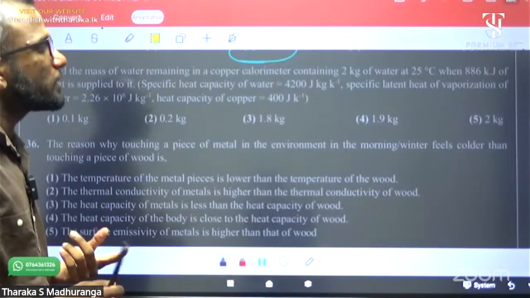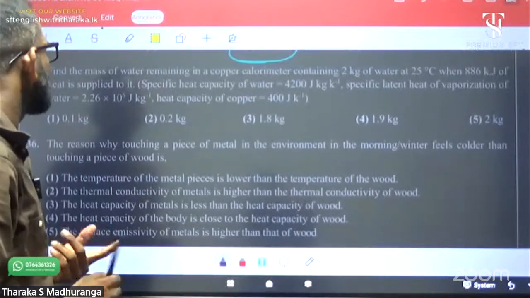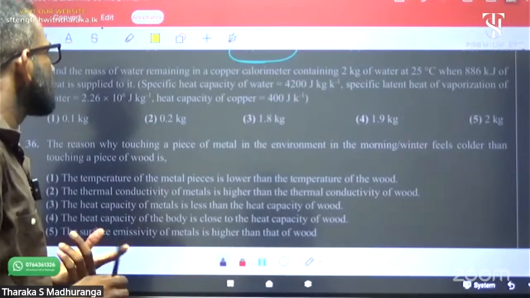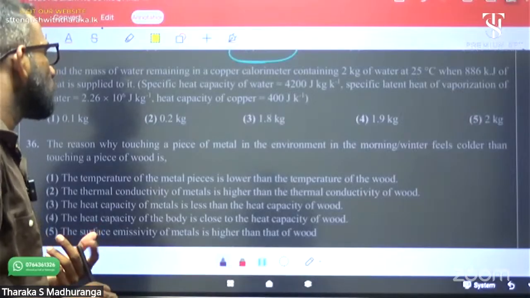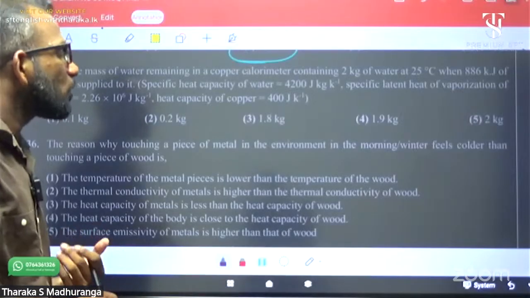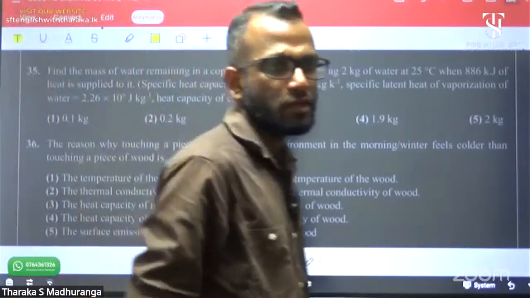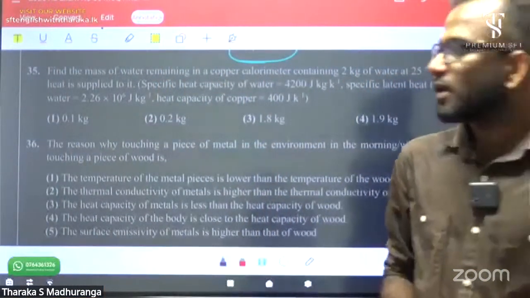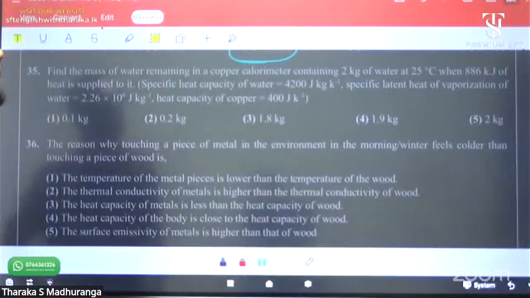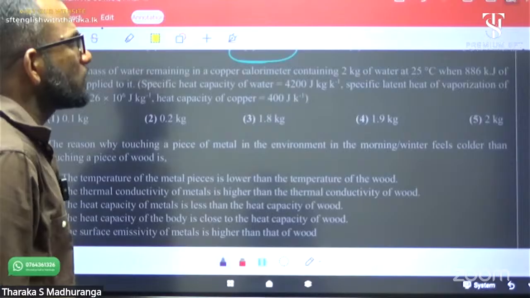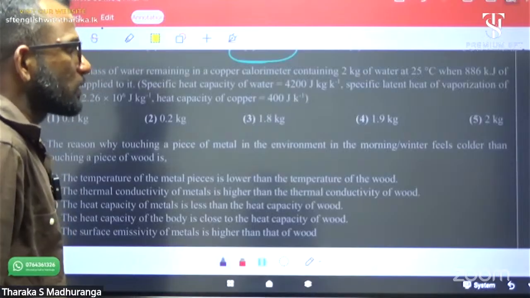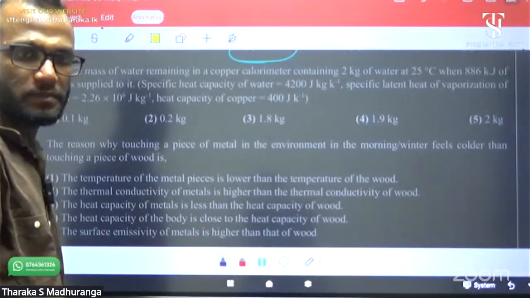The specific latent heat of vaporization of water is 2.26 into 10 to the power 6 joules per kilogram. The heat capacity of copper is 400 joules per Kelvin. Right? Find the mass of water remaining in a copper calorimeter containing 2 kilograms of water at 25 Celsius.